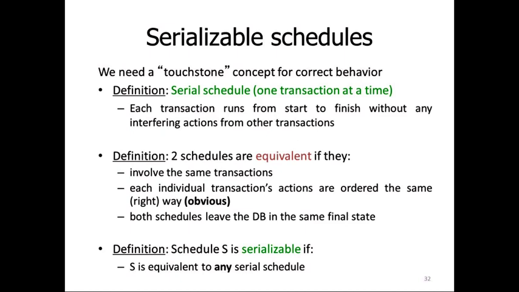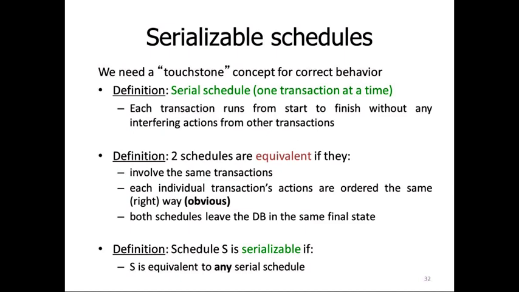So each transaction runs from start to finish without any interfering actions from other transactions. For instance, if we have T1 and T2, in a serial schedule, we may have all the operations of T1, then all the operations of T2, or vice versa, all the operations of T2, then all the operations of T1. So this is what a serial schedule means. And for two concurrent transactions, we have two possible serial schedules.